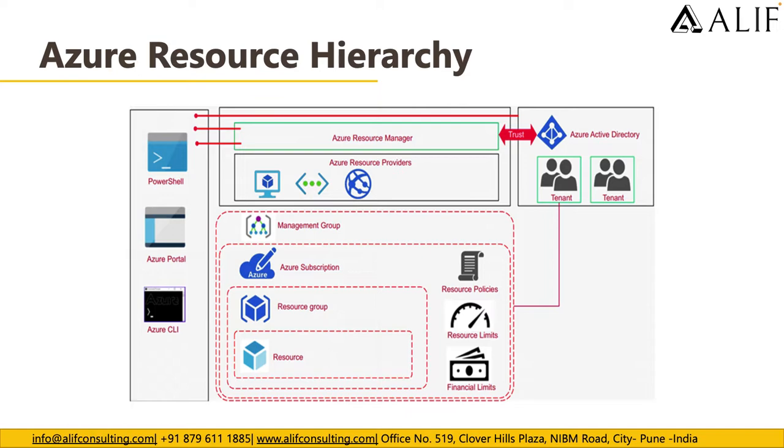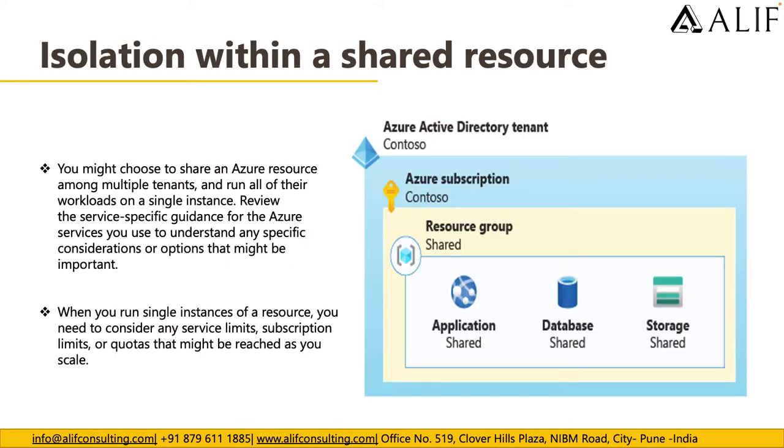And for the Azure Resource Manager and Azure Resource Provider, you can use Azure Portal, CLI, and PowerShell to manage or deploy the resources. And then under that, you can have your management group, Azure subscription, resource group, resources. That's where you can define your limitations, cost management, resource policies, and stuff like that inside an Azure subscription. Now let's talk about how you can do the isolation, right?